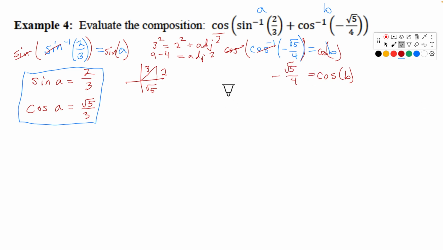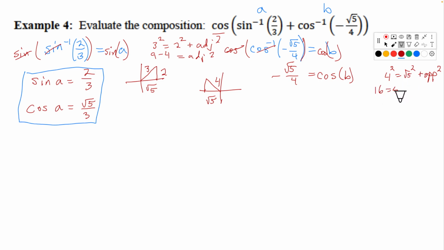So if we're in the second quadrant, we draw our triangle over here. We know we've got the adjacent over the hypotenuse, so that's square root of 5 here. The 4 goes there, so to figure out the last side, hypotenuse is 4, so we've got 4 squared equals square root of 5 squared plus the opposite squared. 4 squared is 16.